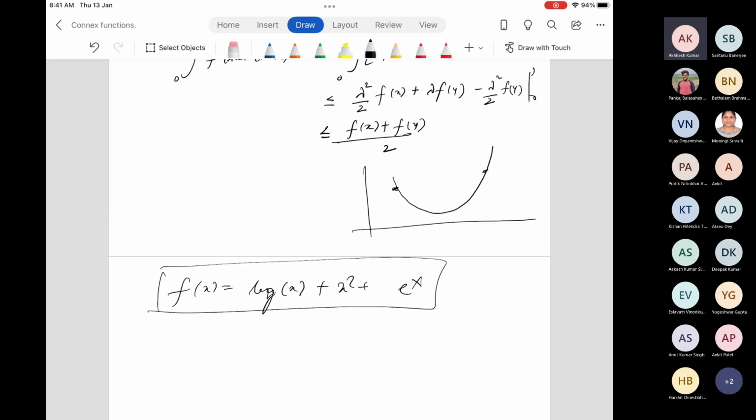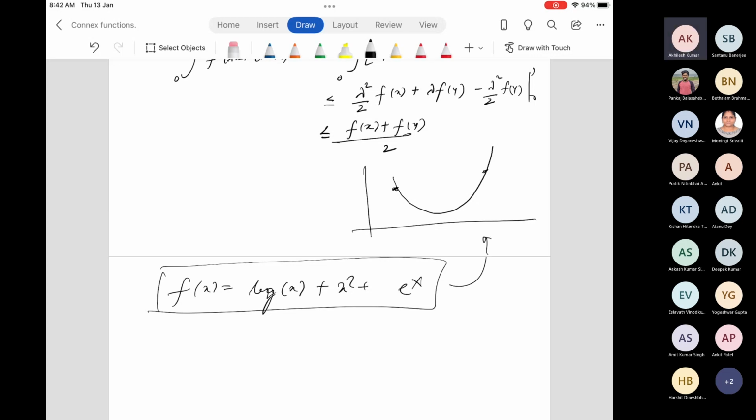Can you use Jensen's inequality to prove that it is a convex function? The question is which 2 points you will take. Suppose the function actually somehow looks like this. Which 2 points will you take so that it is convex?